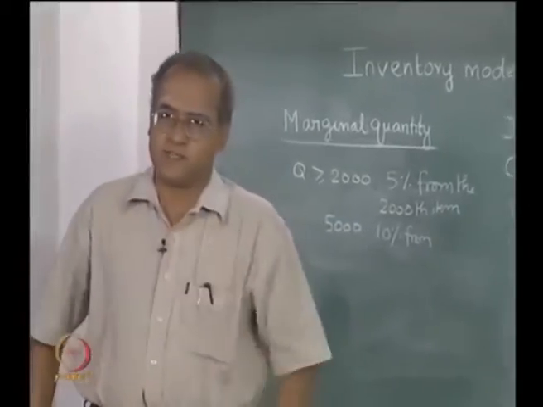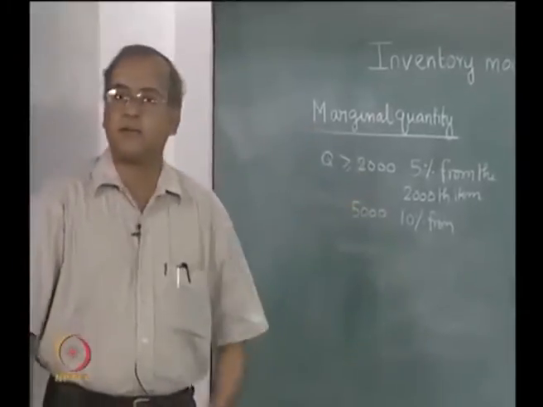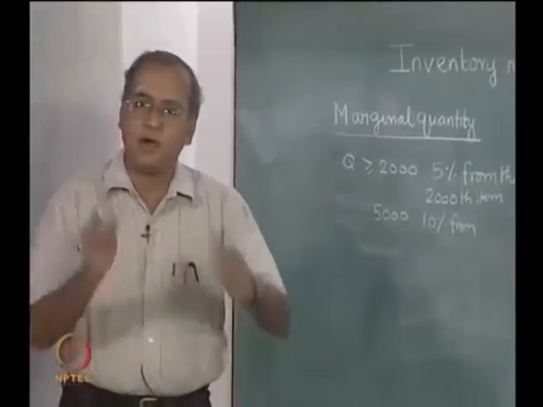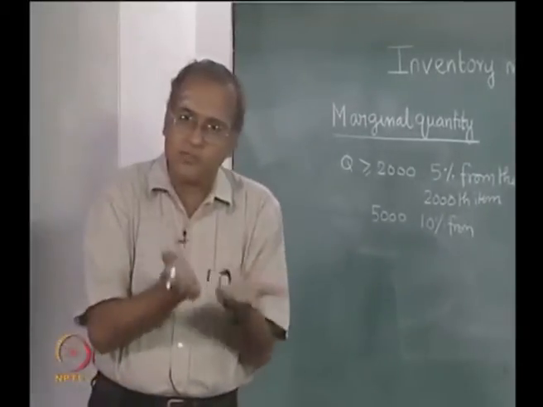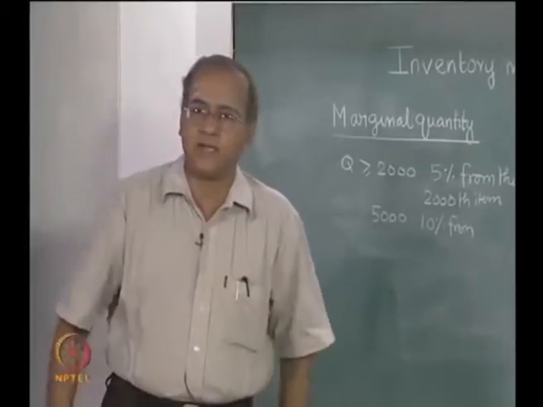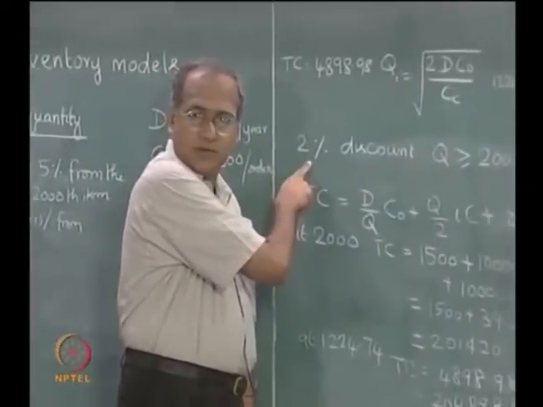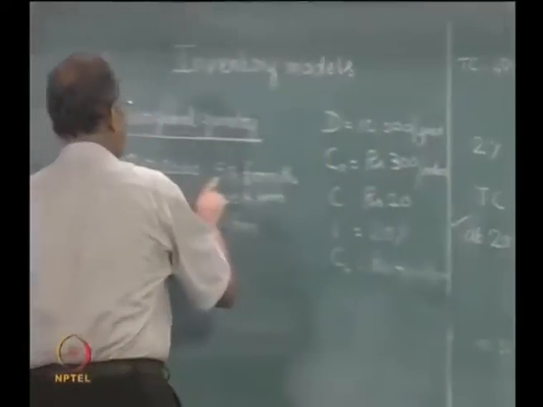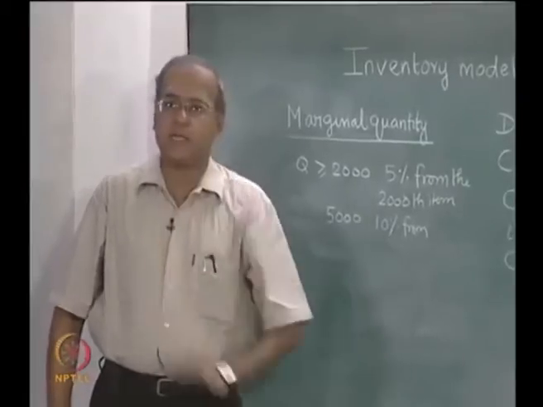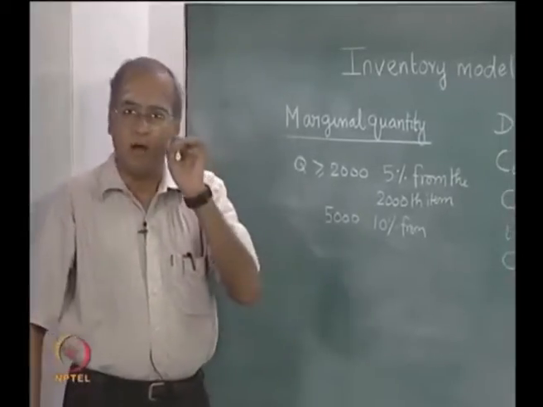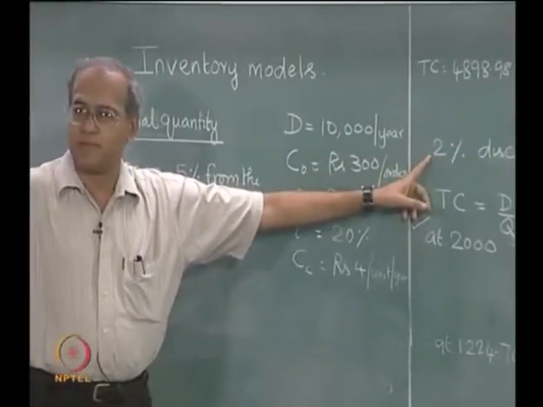The first difference is this: if we order 2000 items in the all quantity discount, now all the 2000 items are priced at, let us compare these two cases, an all quantity discount of 2% versus a marginal quantity discount of 5%. If we order say 3000 items, then all the 3000 items will be priced at 19 rupees 60 paise.